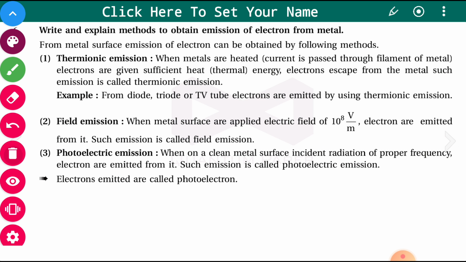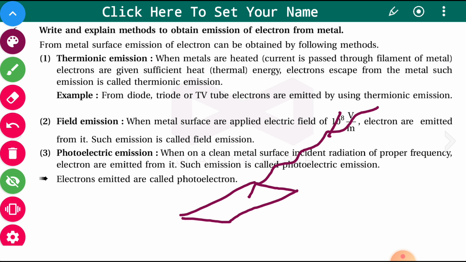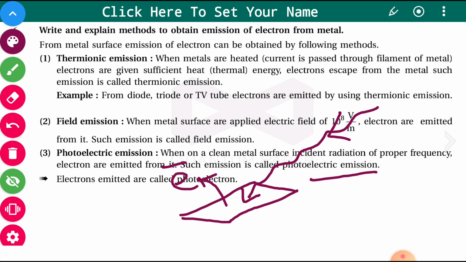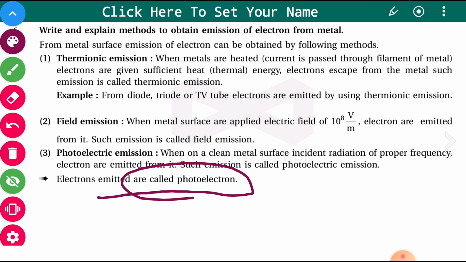So for example, you have a clean metal surface and proper frequency radiation is incident on it, then electrons are ejected out from the surface, and this kind of emission is called photoelectric emission. Electrons emitted by this method are called photoelectrons.